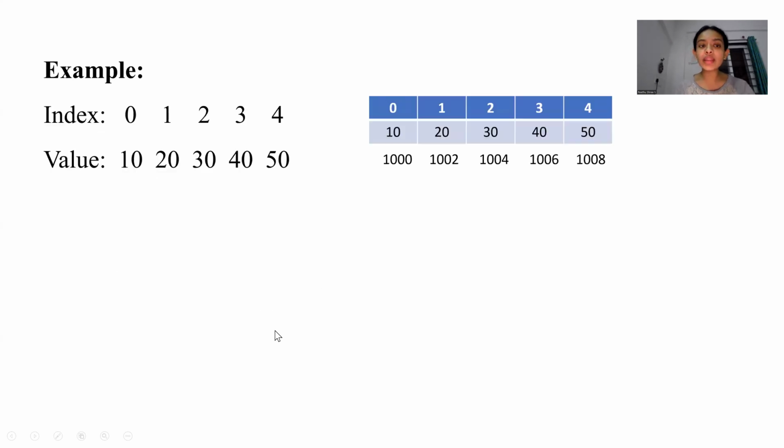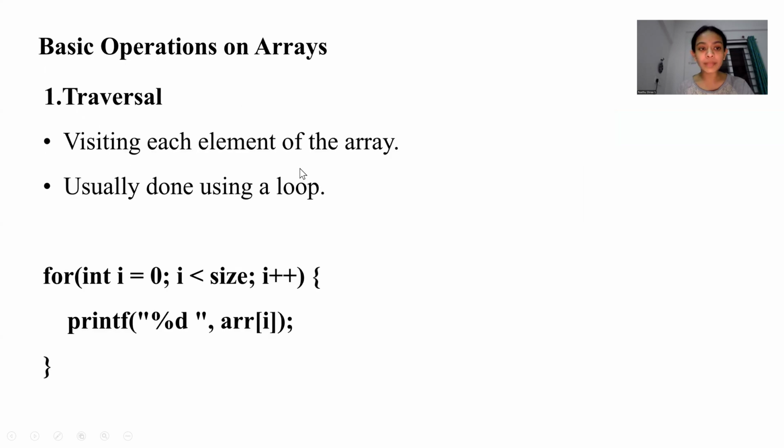If you look at the example we have taken previously, array index starts with 0 and ends with 4. So it will print the values from 0 to 4, like 10, 20, 30, 40, 50. So traversal, you get to know by the name itself, visiting each element of the array. That was one of the operations of an array.